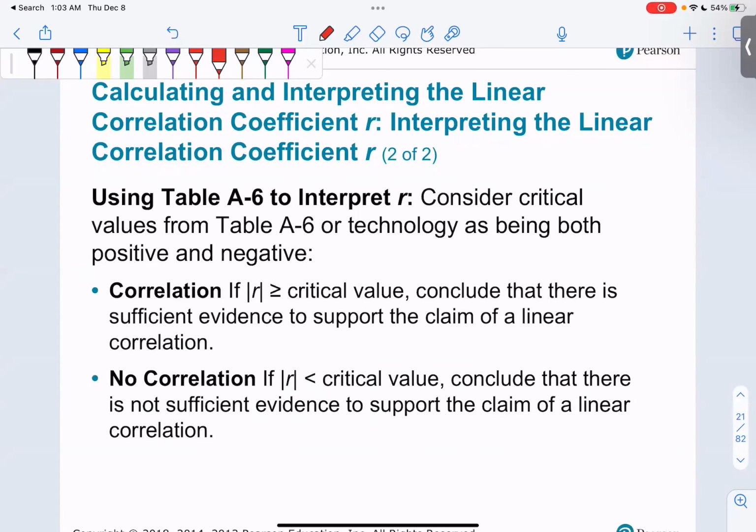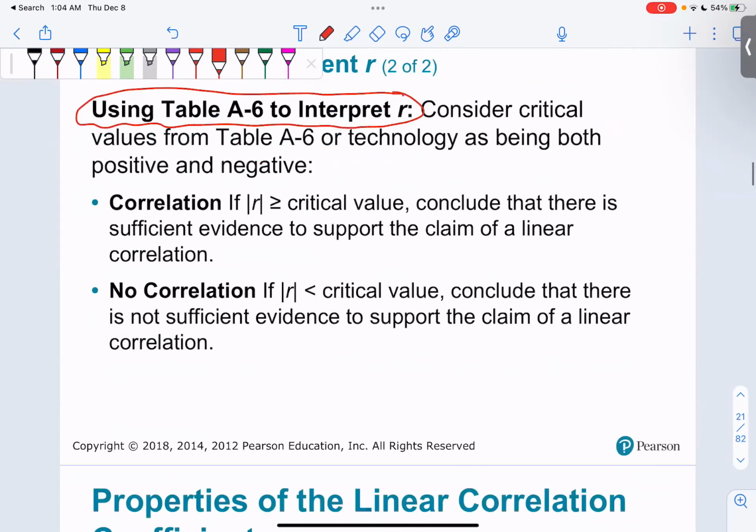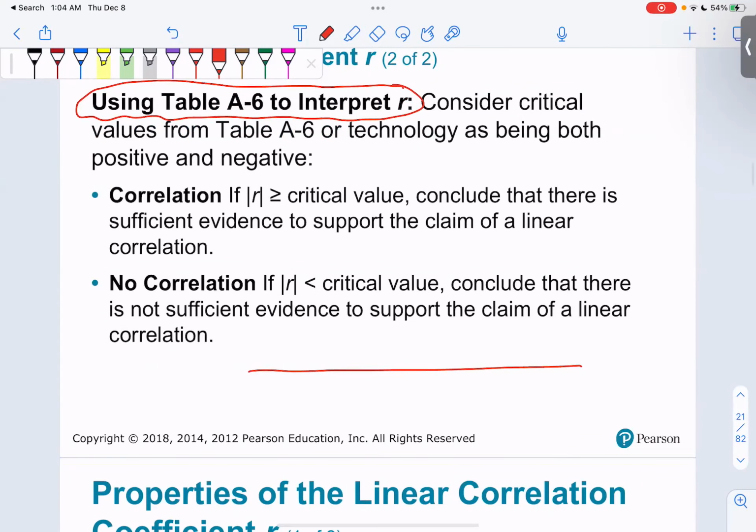Okay, and then we have the table. We can use the values of a table, or we can easily use technology to find those critical values, right? So it will be something like this. Remember, the value of correlation is between what?